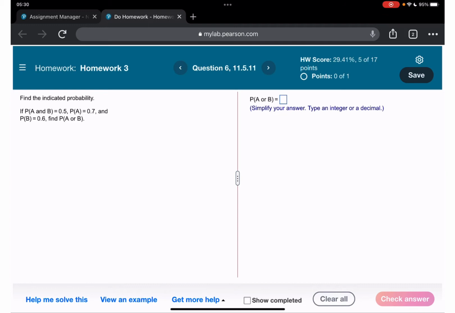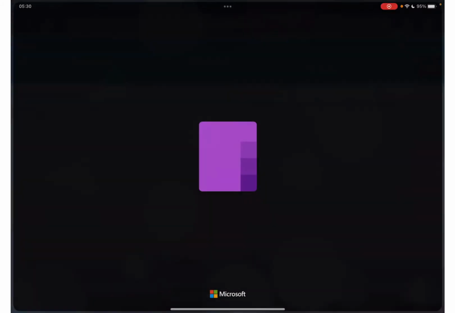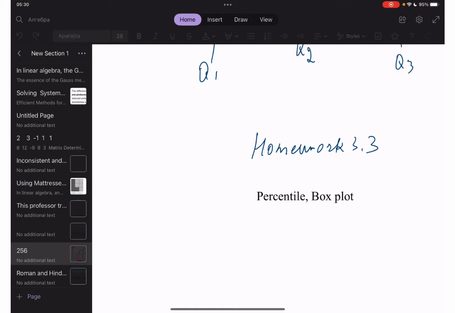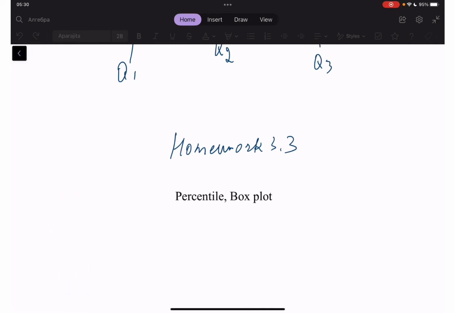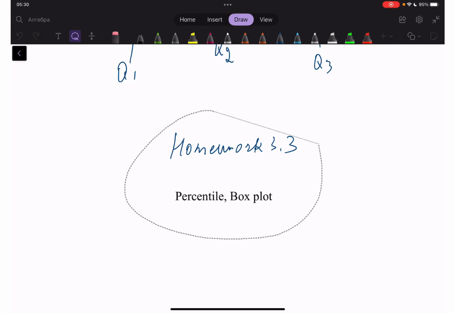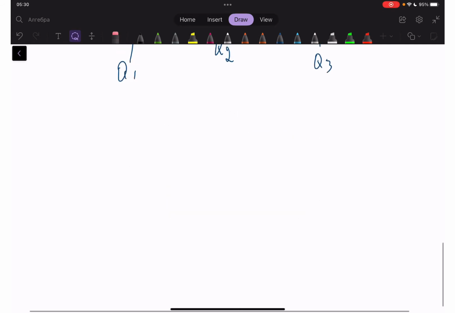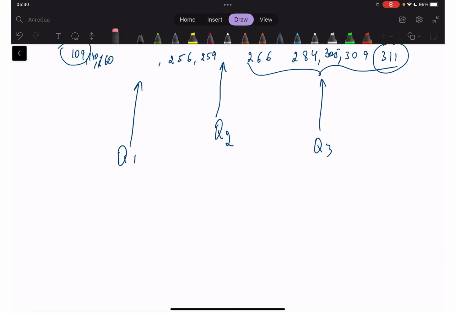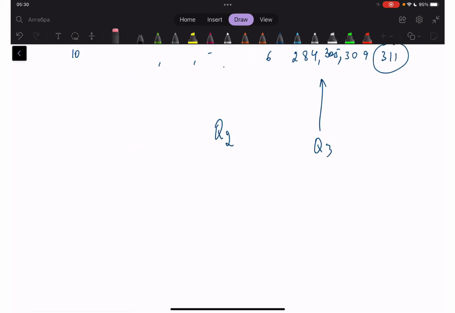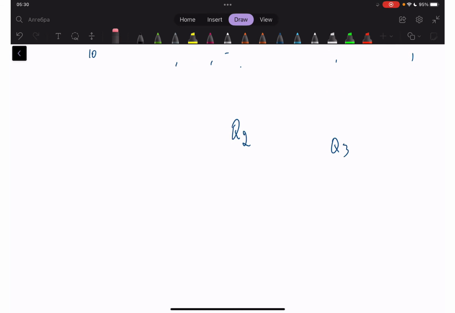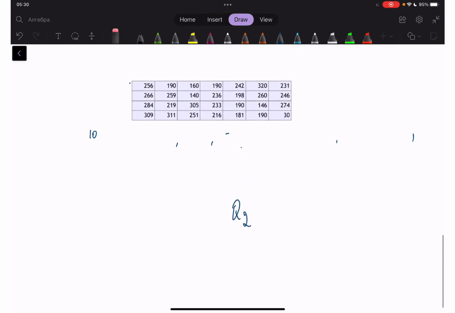So find the probability. Let's write this down. If P(A and B) is 0.5, okay, this is not going to work.